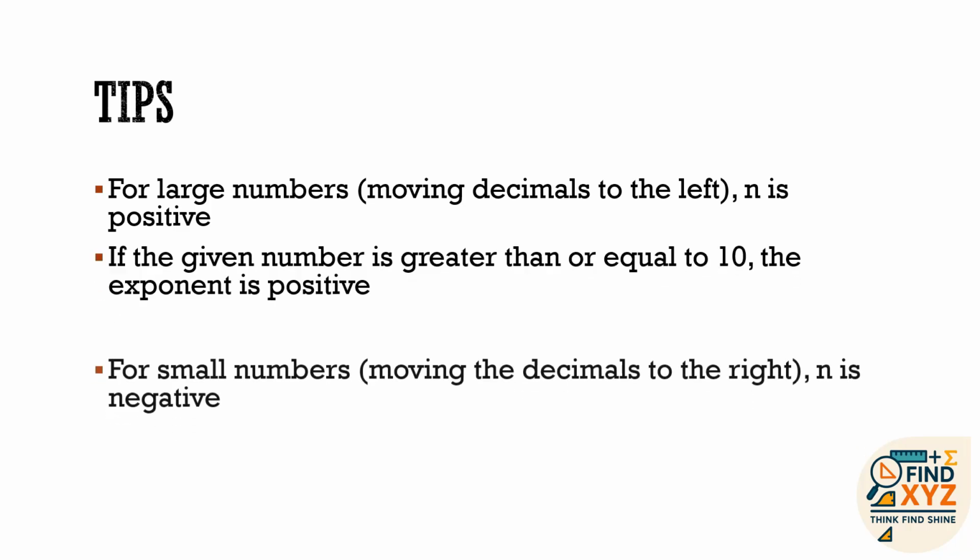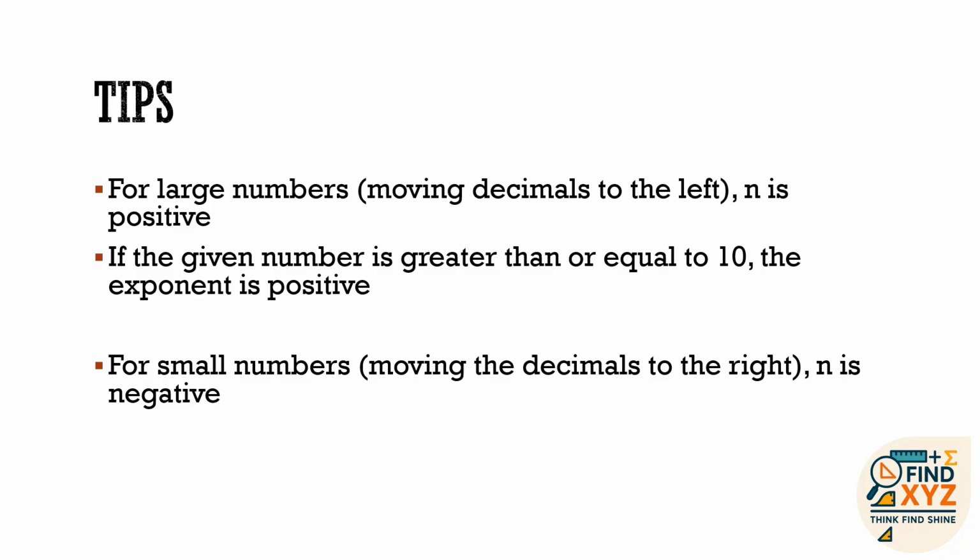And when you have a very small number, numbers between 0 and 1, you move the decimal point to the right, and then the exponent becomes what? Negative. This way you can easily convert any number into scientific notation. Large numbers move to the left, the exponent is positive. Small numbers move to the right, the exponent is negative.